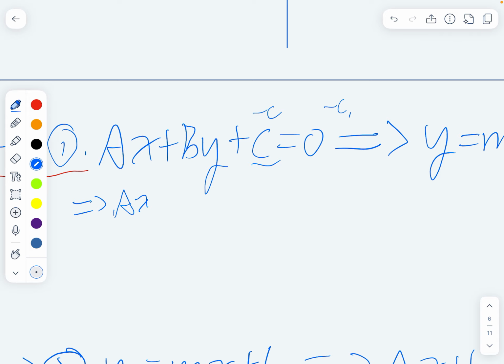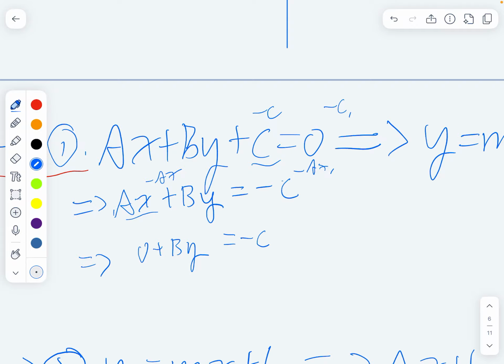So that's gonna be ax plus by equals negative c. Next, we cancel out the ax by subtracting ax from both sides. So that's gonna be 0 plus by equals minus c minus ax. So we need to divide by b.